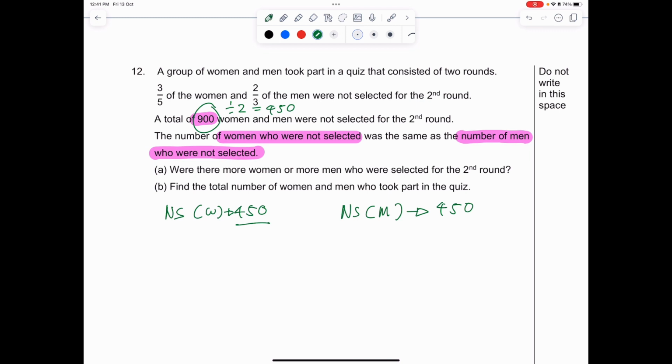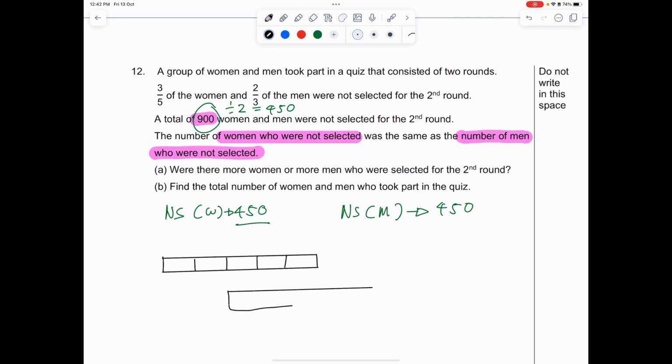Okay? So based on model, it says here, if my woman is this amount here, it says that 3/5 of the women and 2/5 of the men. So that means this is 2/5.